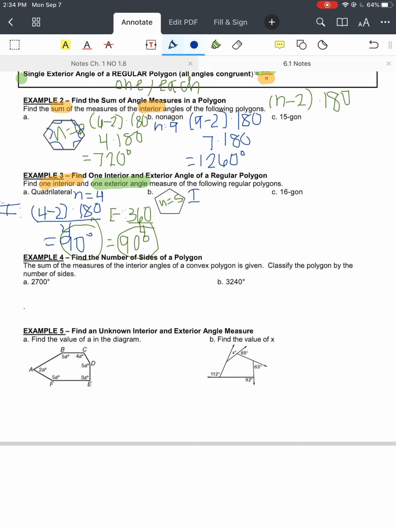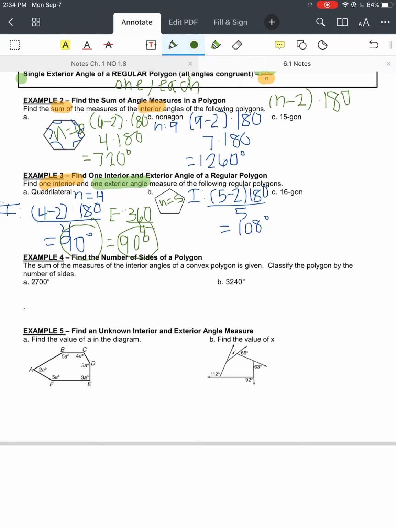So let's do interior first. Interior is going to be 5 minus 2 times 180 divided by 5. So 3 times 180 divided by 5, that's giving me 108. Sorry for my poor handwriting. That is 108.